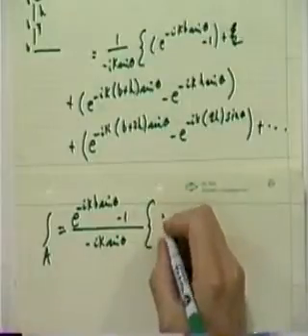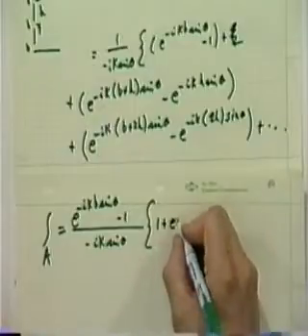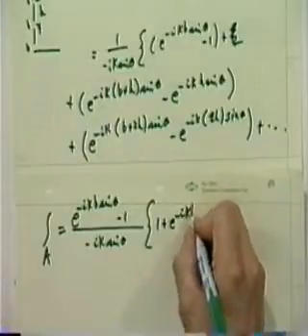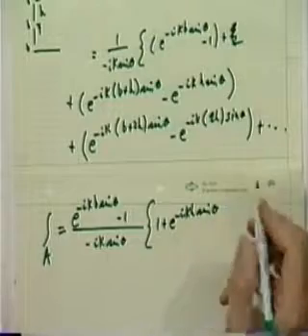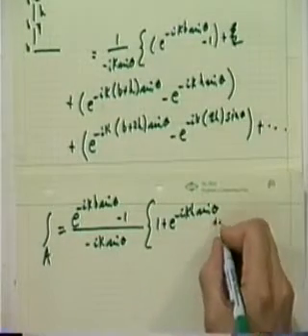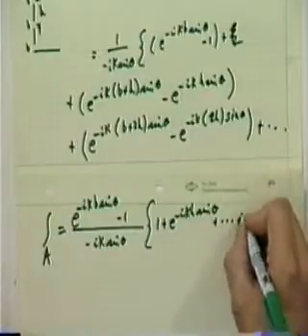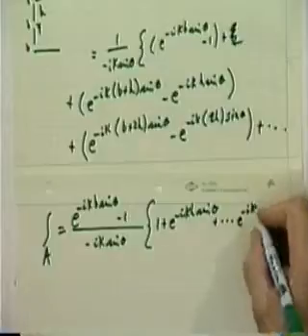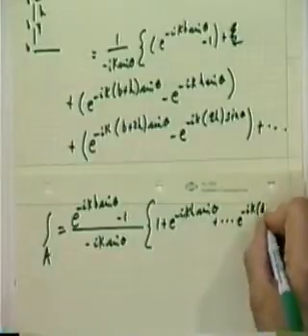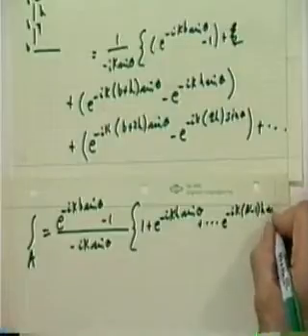And so in here we'd have a 1 plus e to the minus ik h sine theta, and so on out to finally the last one would be e to the minus ik n minus 1 h sine theta.